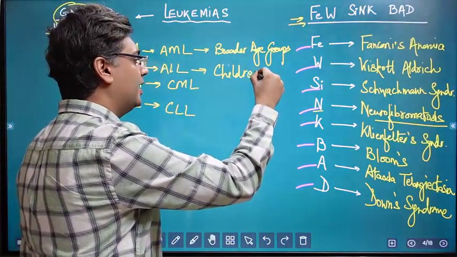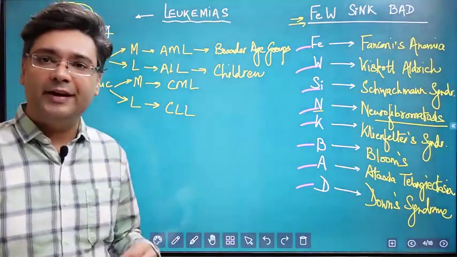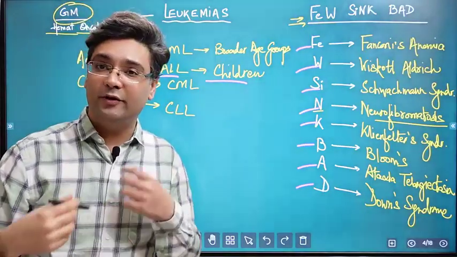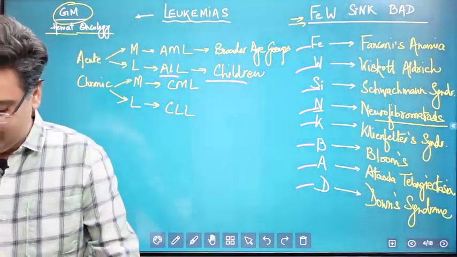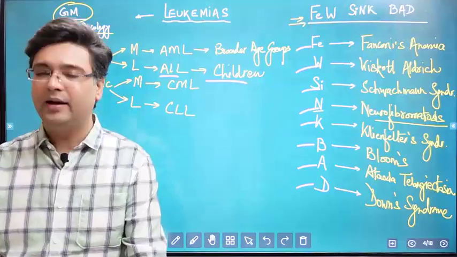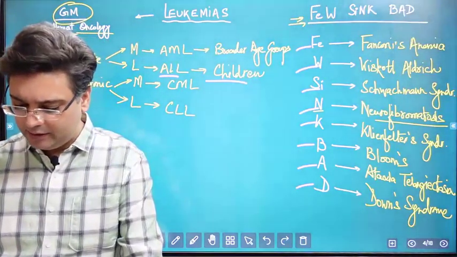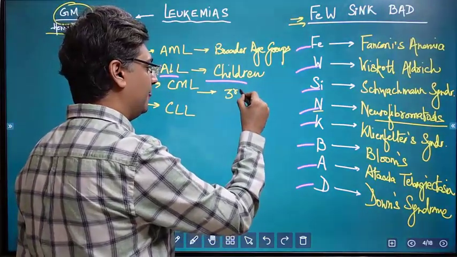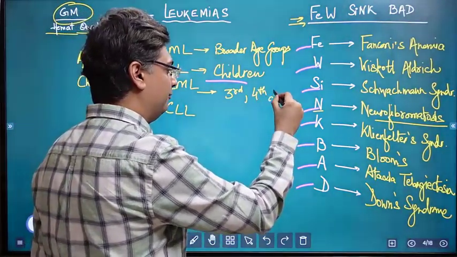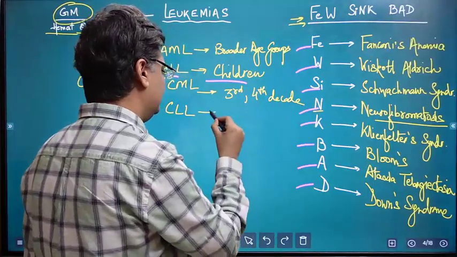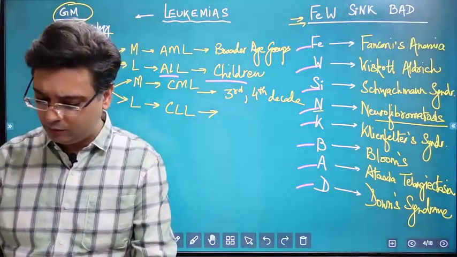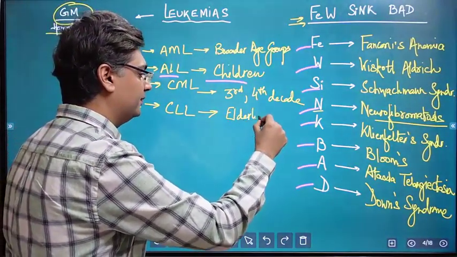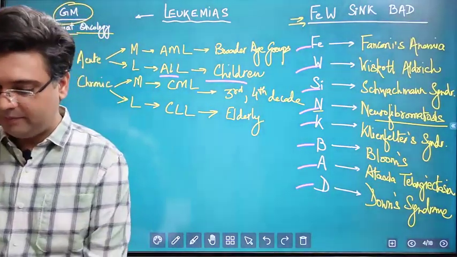Always remember, they ask which leukemia affects children more, and you will remember ALL is for children. ALL is not for everybody, but ALL is for children. If we talk about CML, CML here peaks during the 3rd to 4th decades of life. And CLL basically is a disease of the elderly, and this primarily affects the elderly and older population.